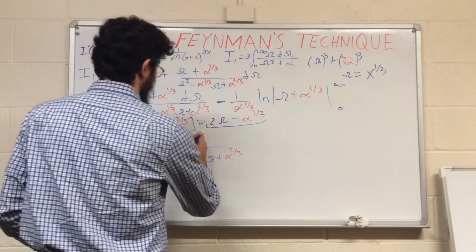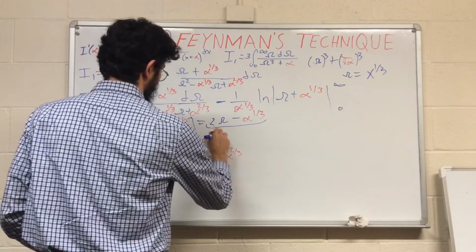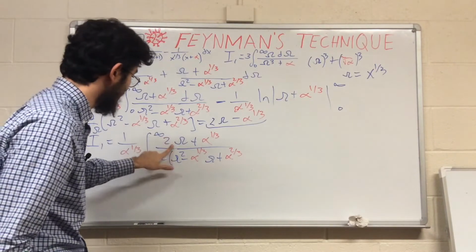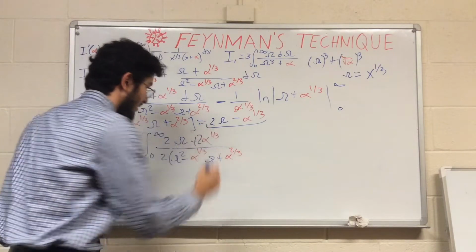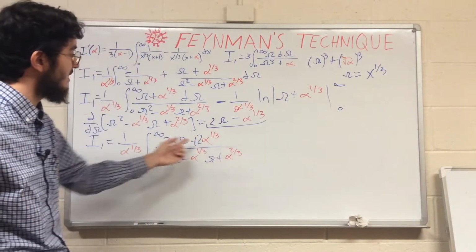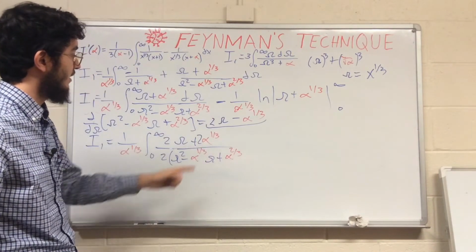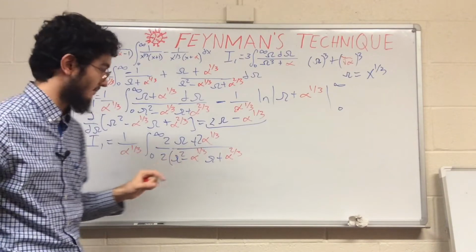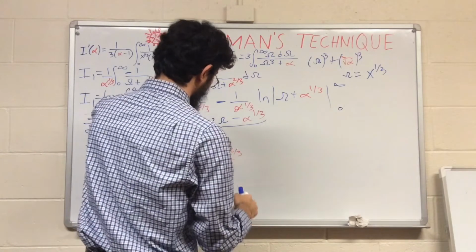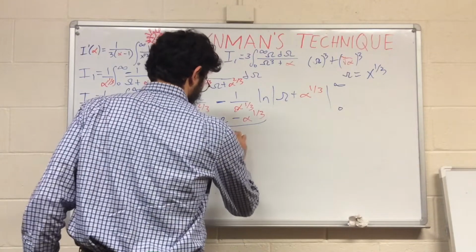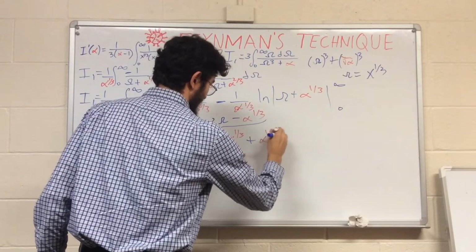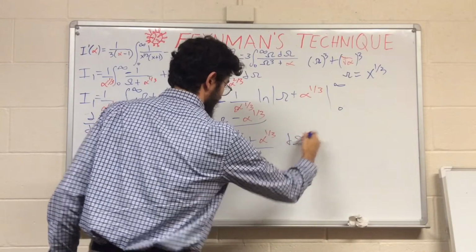So if we just add it over here as the original, alpha to the 1/3, overall we're going to have 2 omega plus 2 alpha to the 1/3. We want to split this in such a way that we have minus alpha to the 1/3, and we don't change anything. So what we do is subtract an alpha to the 1/3, and we have to add it back. So plus alpha to the 1/3, all of this d omega.